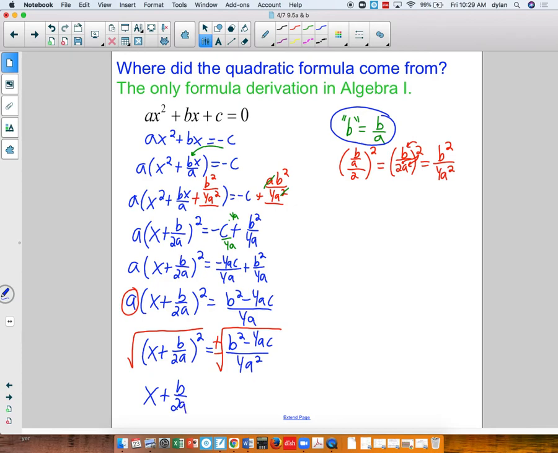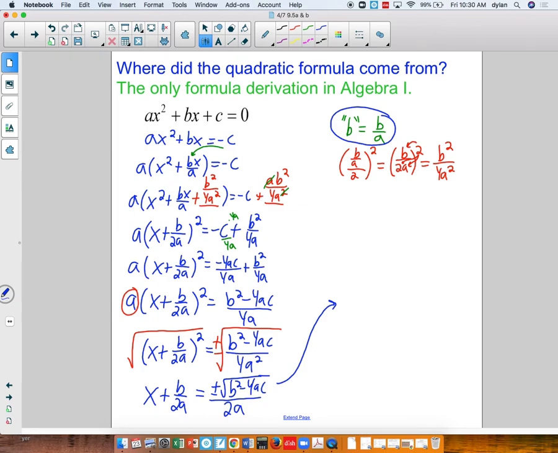And on the right side, on the top we have plus or minus the square root of b squared minus 4ac. And on the bottom, the square root of 4 is 2, and the square root of a squared is just a. So we have 2a.